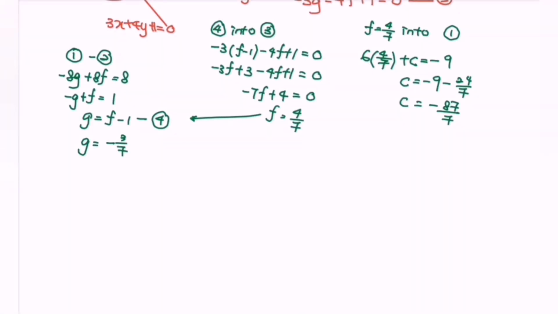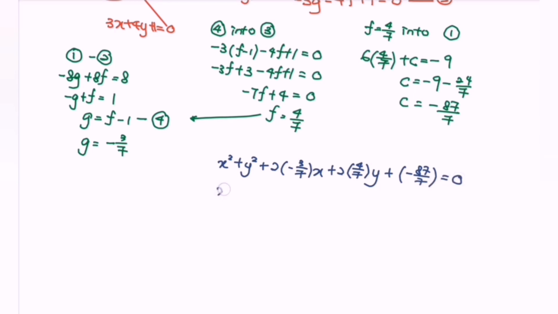Next, kindly substitute the values into the general equation. So we have x squared plus y squared plus 2g, where g is negative 3 over 7, x, plus 2f, where f is 4 over 7, y, plus c, where c is negative 87 over 7, equals 0. Kindly simplify.